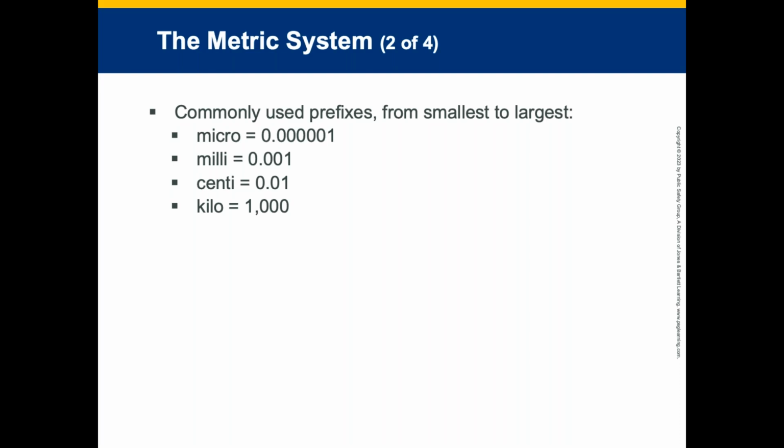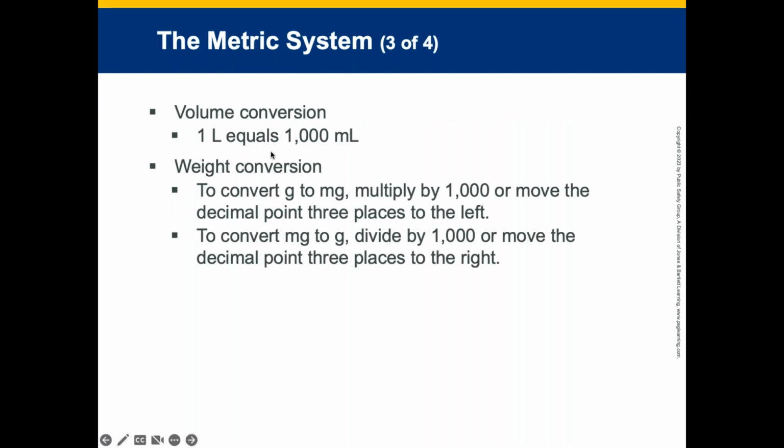All right. So volume conversion is 1 liter equals 1,000 milliliters. So with this here, we want to do weight conversion. To convert grams to milligrams, multiply by 1,000 or move the decimal point over 3 places to the left. To convert milligrams to grams, divide by 1,000 or move the decimal point 3 places to the right.